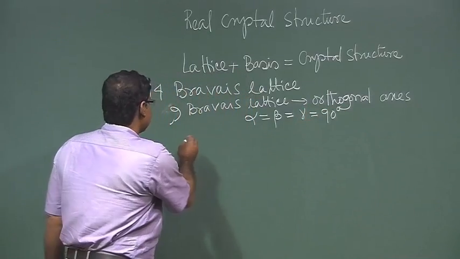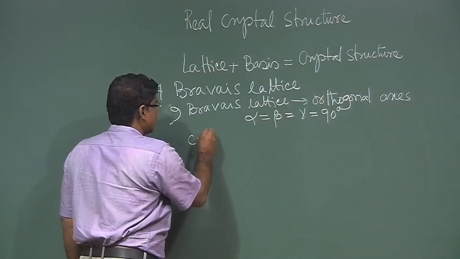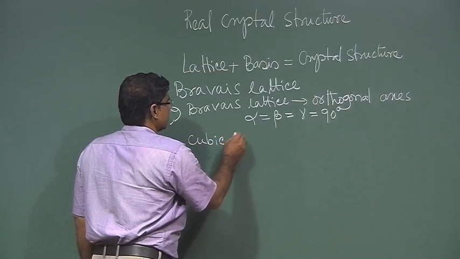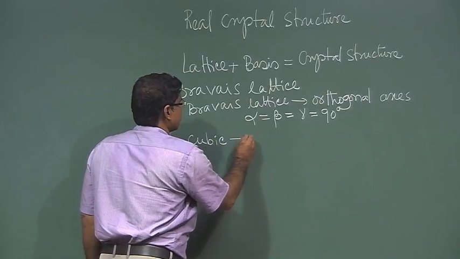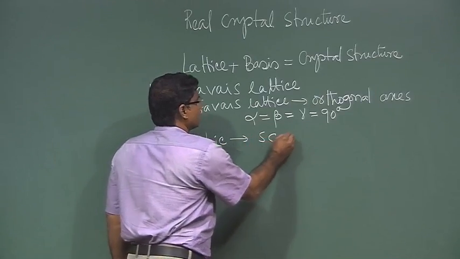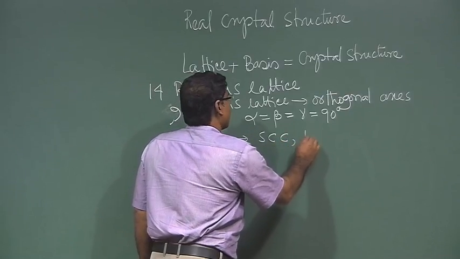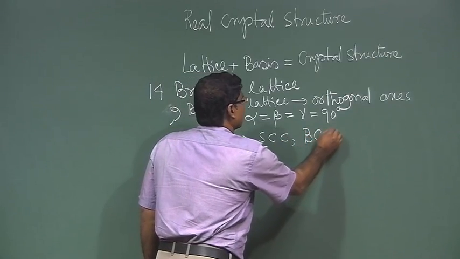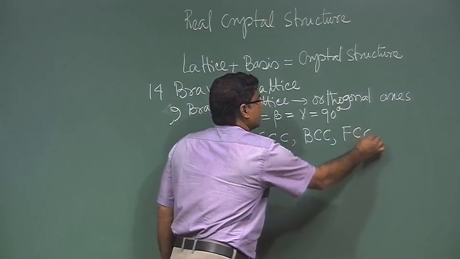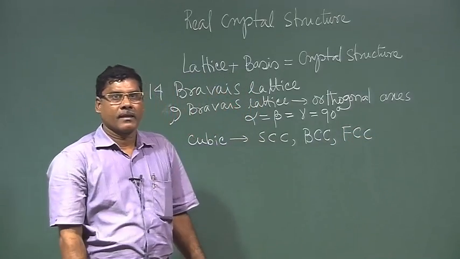So, basically this is the cubic crystal system, which has 3: simple cubic, body centered cubic and face centered cubic, right.